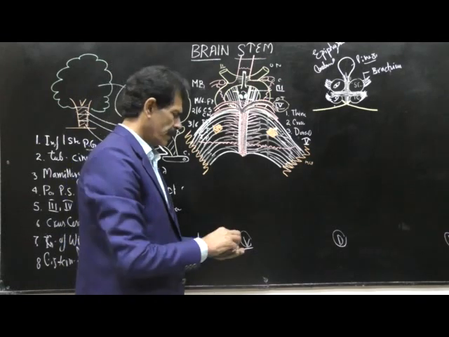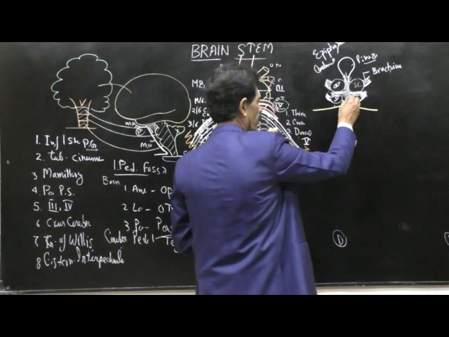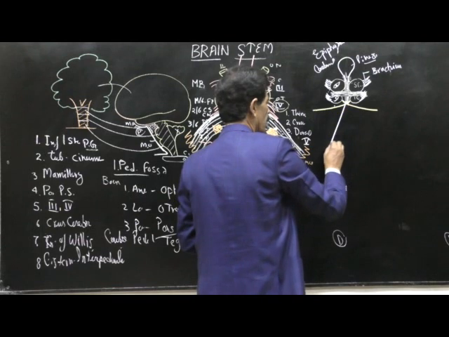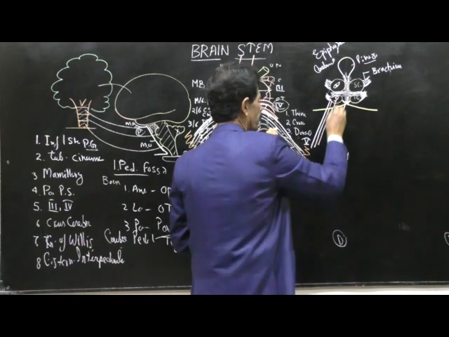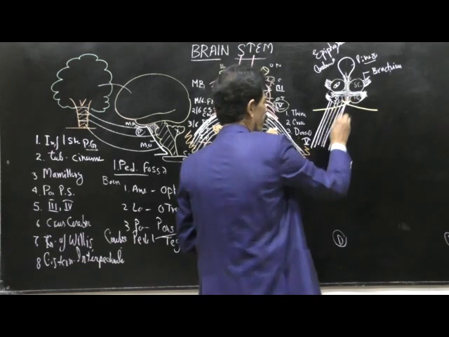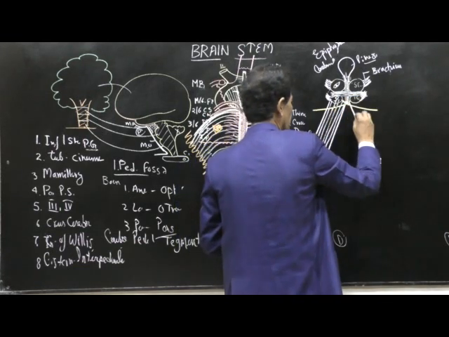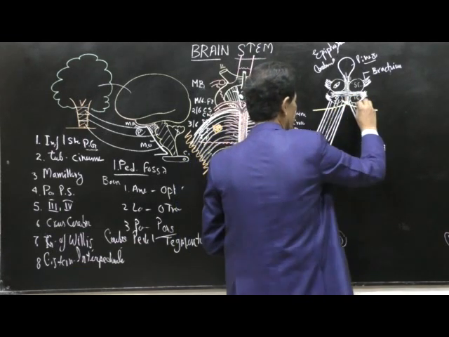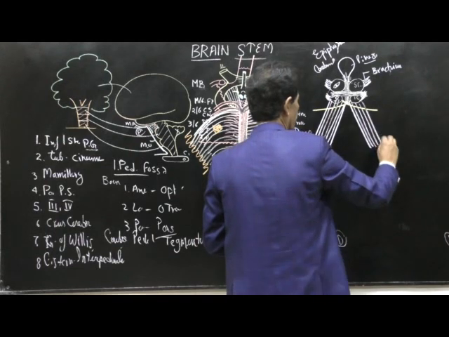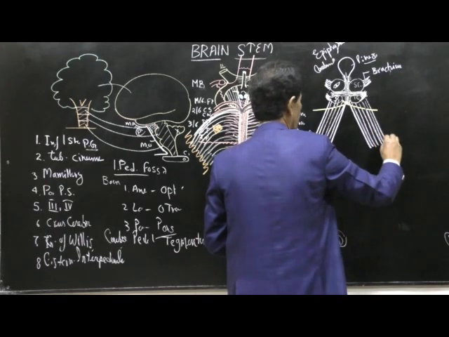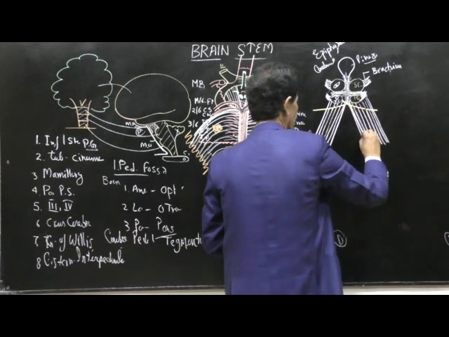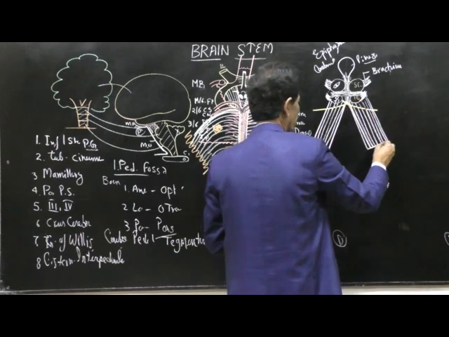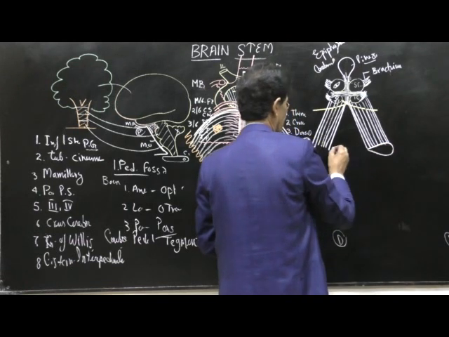Then below the inferior colliculus, the midbrain is connected to the cerebellum with the help of a thick bundle of afferent and efferent fibers. From the midbrain, they go into the cerebellum. This bundle, which comes out of the inferior colliculus, runs obliquely and goes into the cerebellum, is called the superior cerebellar peduncle.